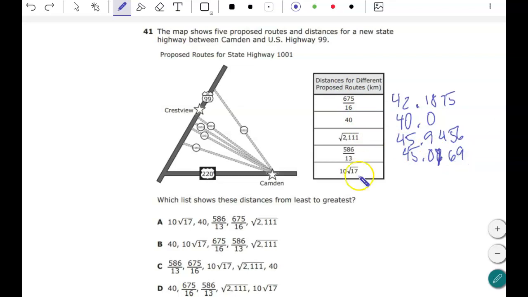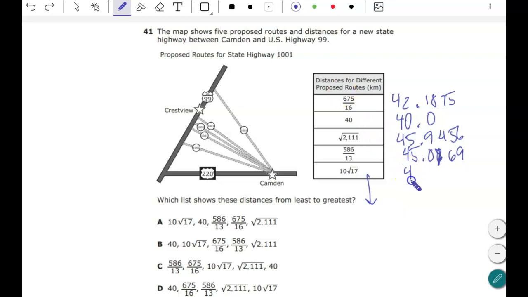And then this one, a little tricky here. So you should be able to put it into your calculator as 10 and then times, then do second x squared 17. So what that means is the calculator is going to find the square root of 17 and then multiply by 10. And it comes out to 41.23.